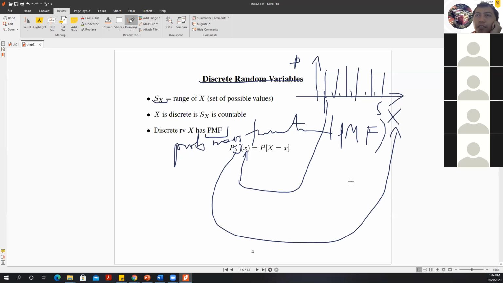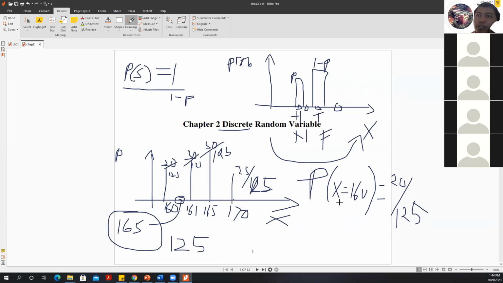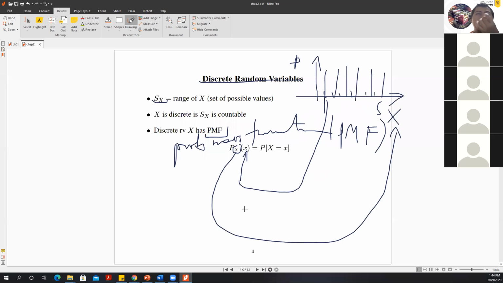Let's take an example: the probability of X equal to 160 is equal to 20 by 125. Small x is the number here, the member, element, or outcome.